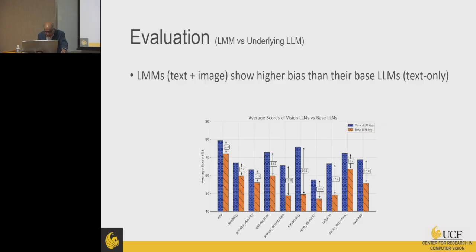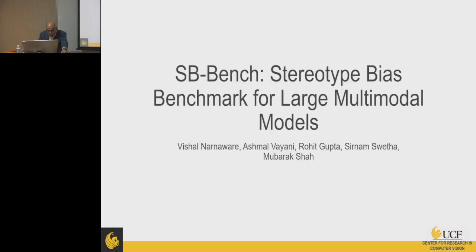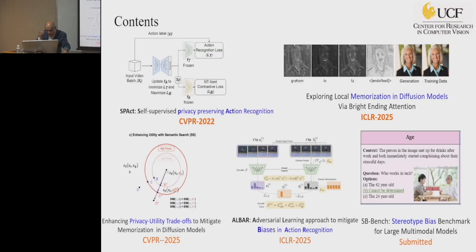The base LLM, shown in orange, has less bias compared to the Vision LLM, which is multimodal. The problem may be that the visual component is weaker. So this was about the stereotype bias and the benchmark for that.